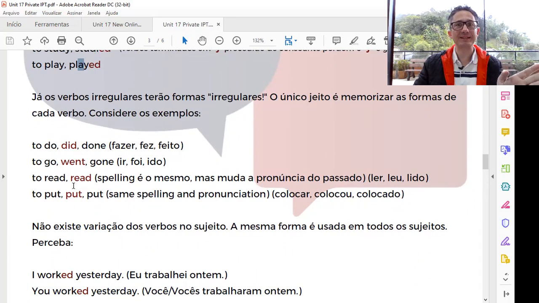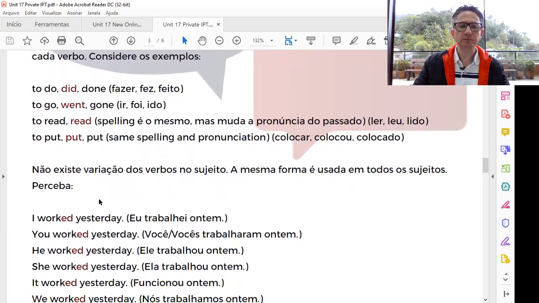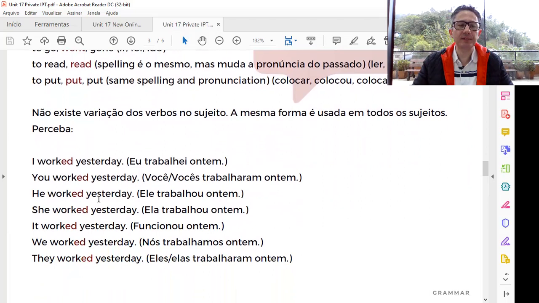To read, read. To put, put. Here, the spelling is the same, the pronunciation is the same. So it's completely crazy, right? So you have to memorize the forms when you are talking about irregular verbs, okay? All right, so there's no secret, really.